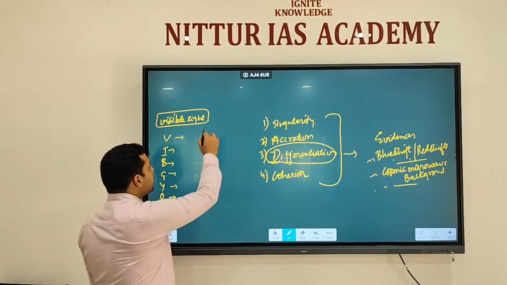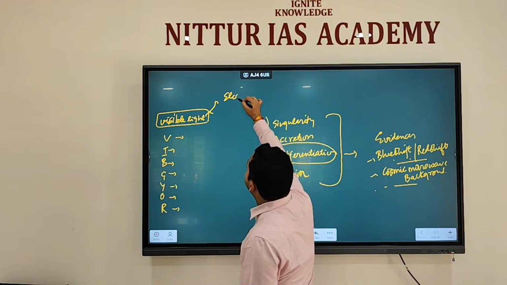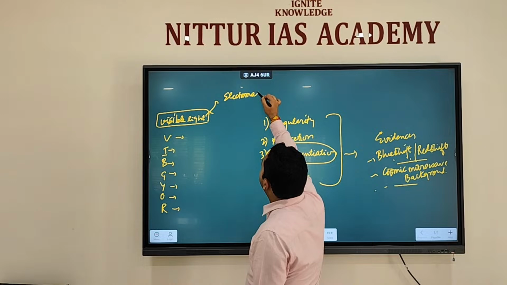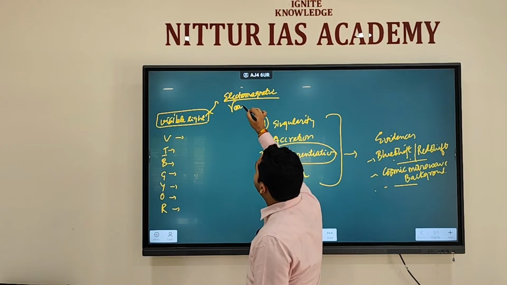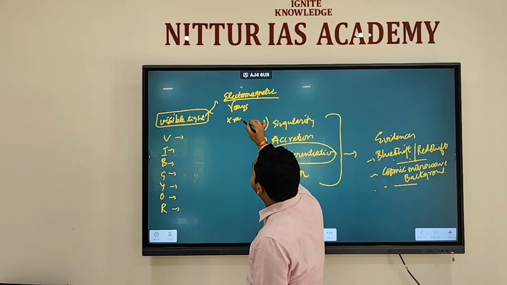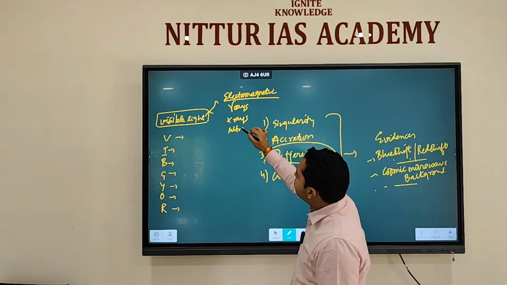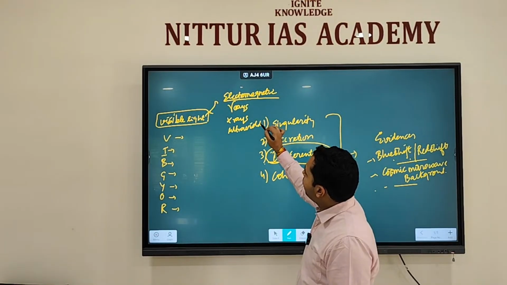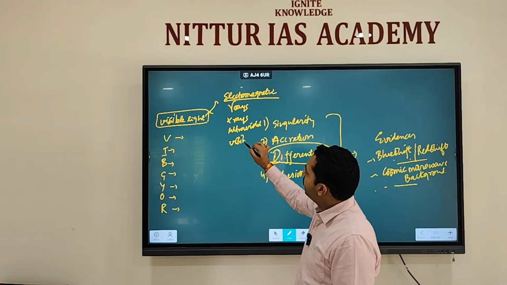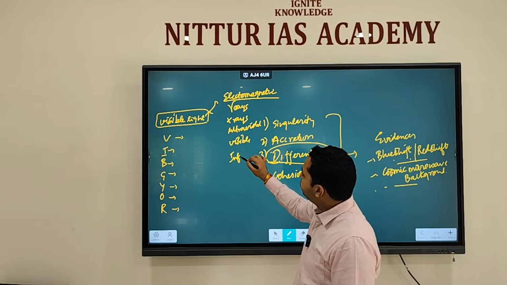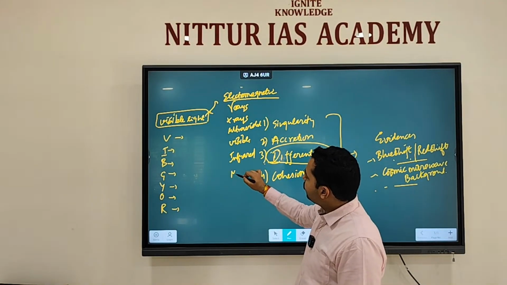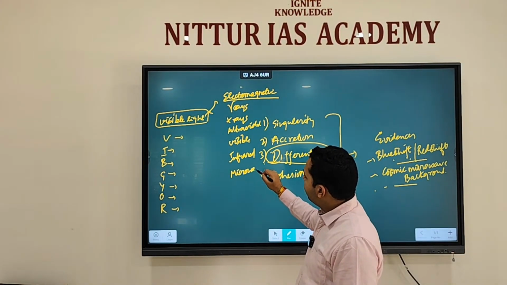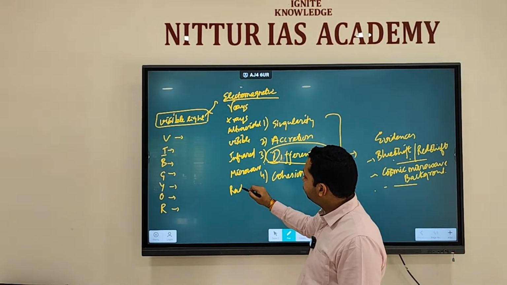Clear? So there is something called the electromagnetic spectrum, which consists of gamma rays, X-rays, ultraviolet rays, visible, infrared, microwave, and radio waves.